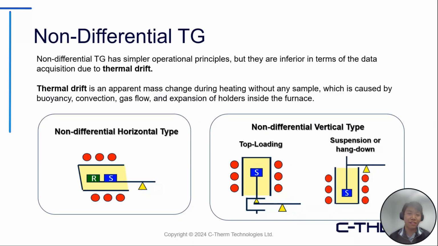A thermal drift is an apparent change in mass that is caused by the buoyant and convection effect of the atmosphere within the thermal chamber. Because the air or gas inside the chamber naturally moves as the temperature rises, it would appear to have some sort of mass change when there could be no mass change occurring. So this would obviously affect the measurement data, and it would sometimes give erroneous results.